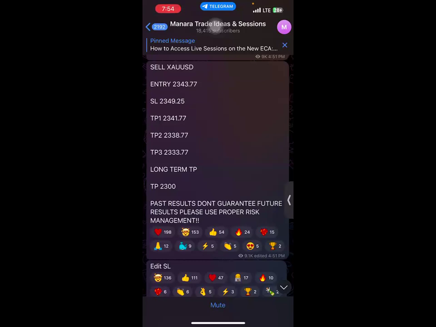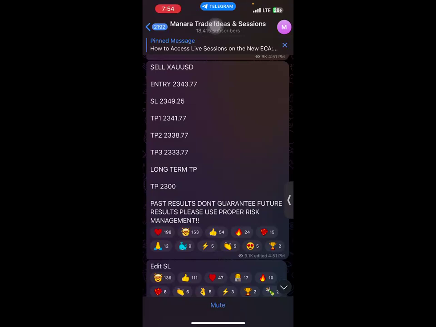We've been given our SL as 2349.25. The stop loss means it wants to stop you out of this trade to prevent further losses. So if this trade were not going in your favor, it's going to take you out of the trade once it hits the SL.